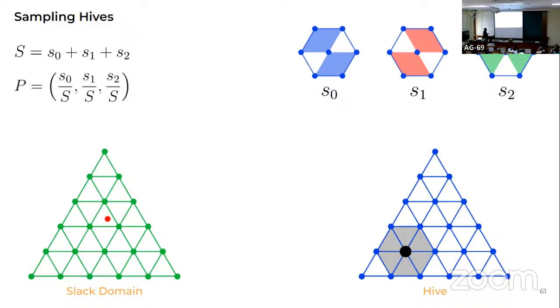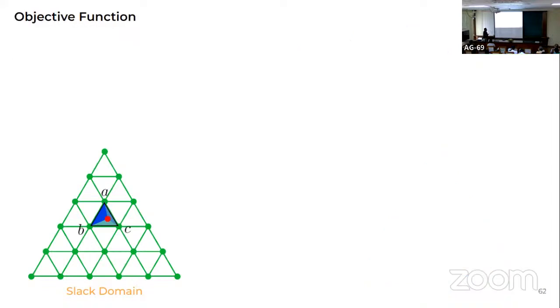We take the smaller triangle in which it lies, and we compute the barycentric coordinates, which are A, B, C, and we add these values as the weights. So we take all the points on the hive and we collect all these barycentric coordinates, and the total weights are added.